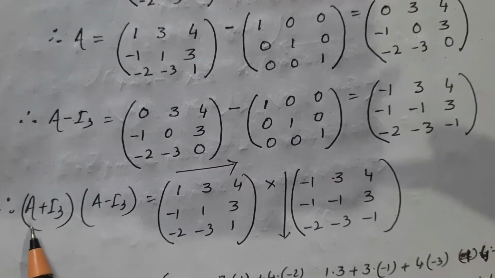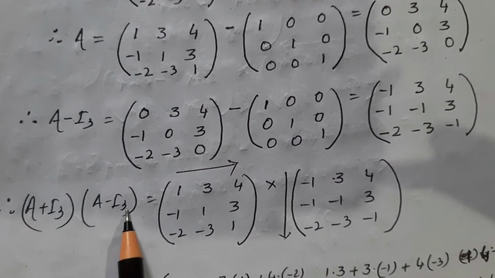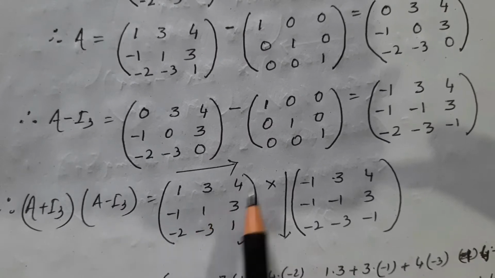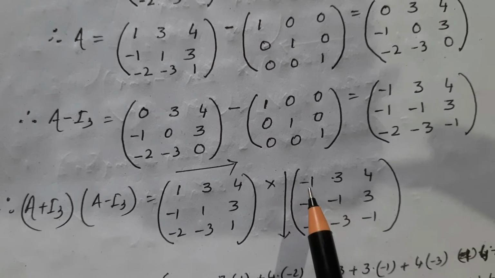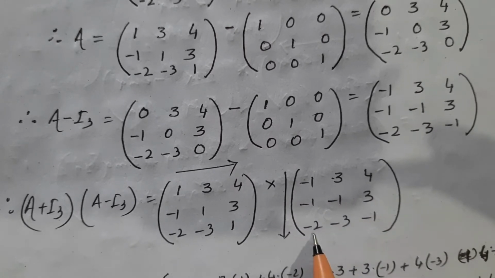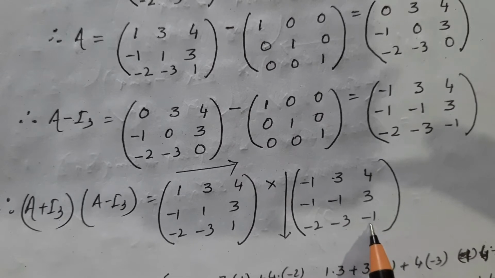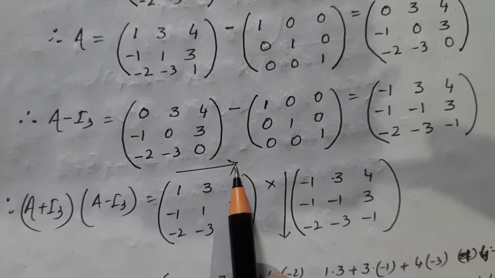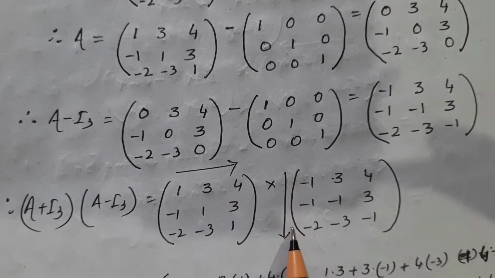Now, we multiply A plus I3 into A minus I3. That is [1 3 4; -1 1 3; -2 -3 1] into [-1 3 4; -1 -1 3; -2 -3 -1]. So row with column.